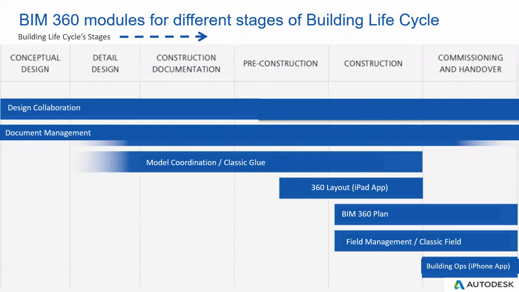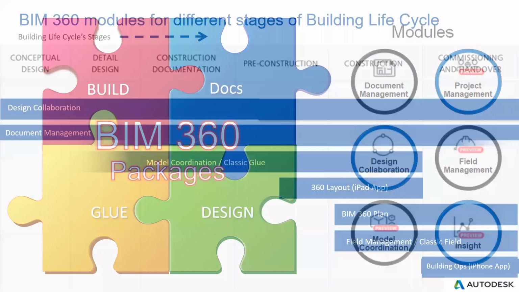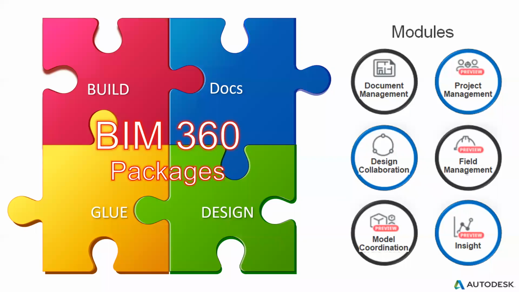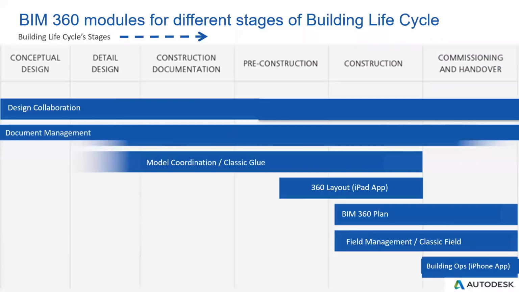For the first blue bar, design collaboration, which is also the major function of Design, the green puzzle here means that once you work in Revit, our major BIM software at Autodesk, you have to collaborate with others.